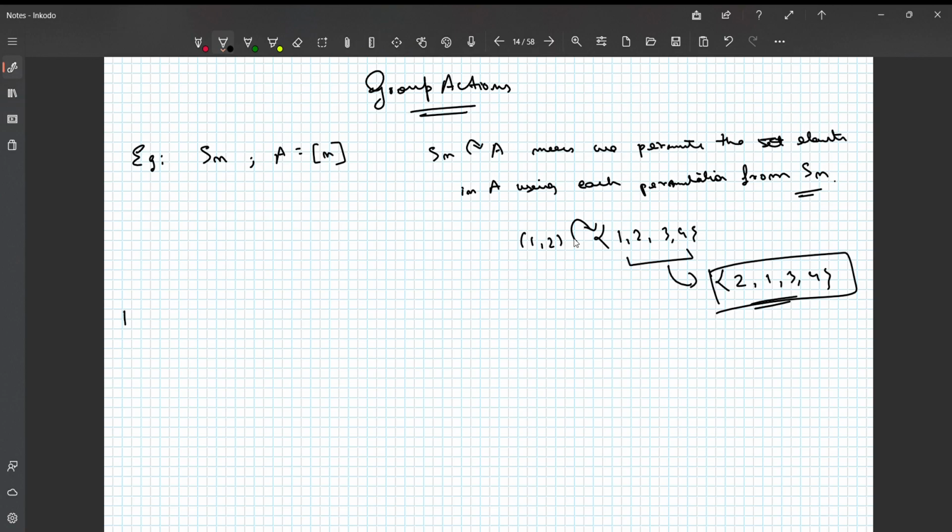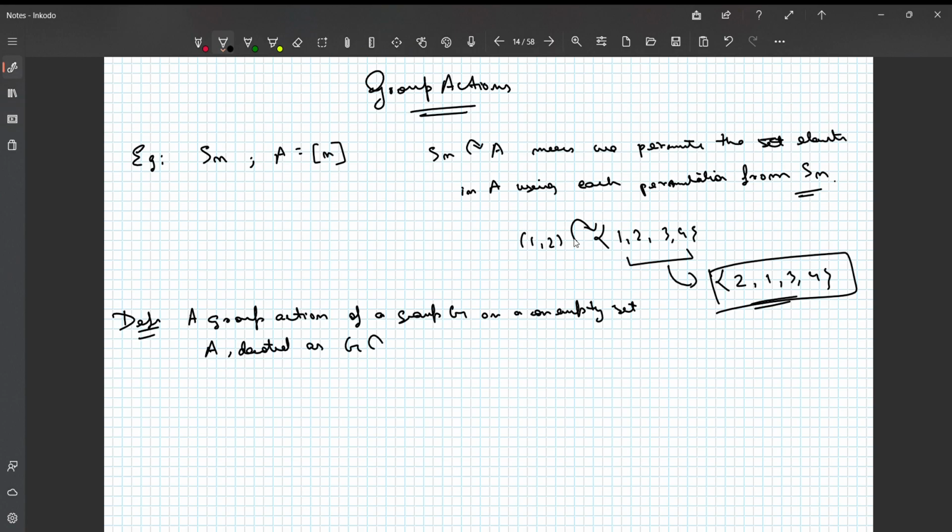So let us come to the definition. A group action of a group G on a non-empty set A, denoted as G acts on A, is a mapping.